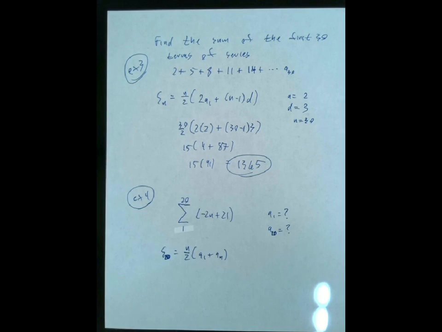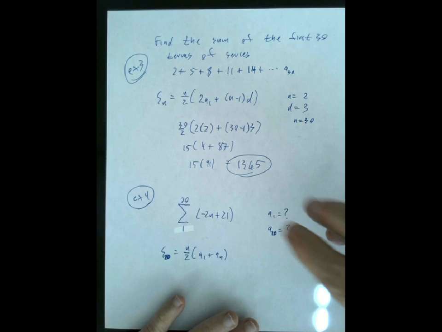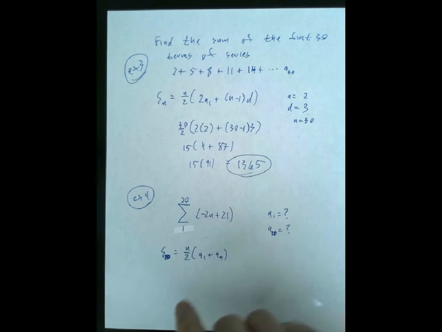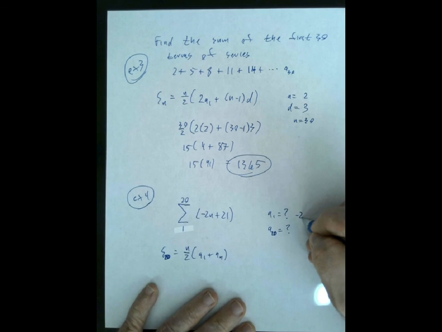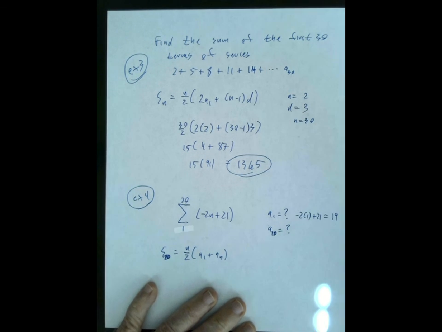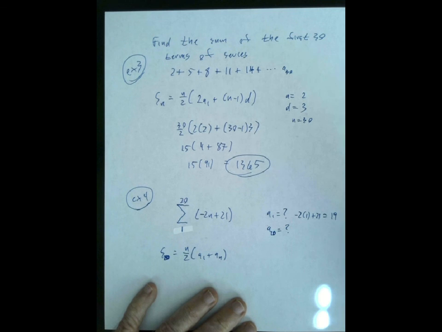Well, a1, if we put 1 in there, would be negative 2 times 1 plus 21, that's negative 2 plus 21, that's 19. Okay, and a sub 20 is equal to negative 2 times 20 plus 21.